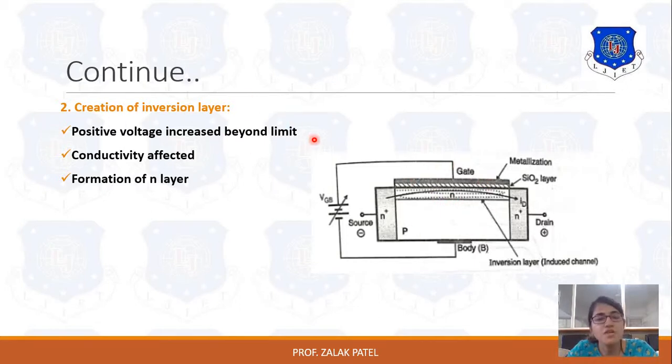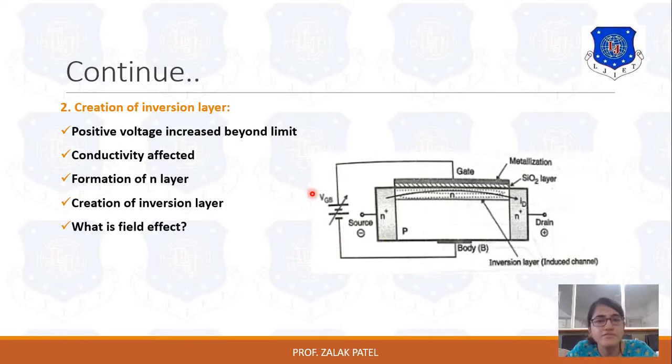The number of electrons increases when the positive voltage beyond such limit is applied, and because of that an n layer is created because of the larger number of electrons. The formation of this n layer is called creation of the inversion layer, and the process of creation of the inversion layer with some externally applied voltage is called the field effect.